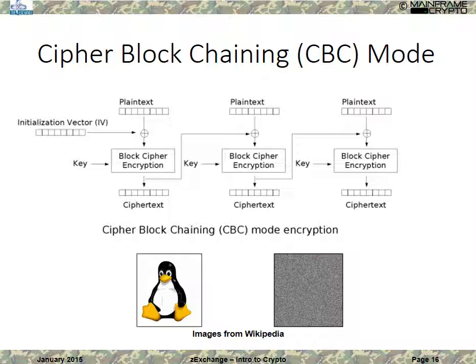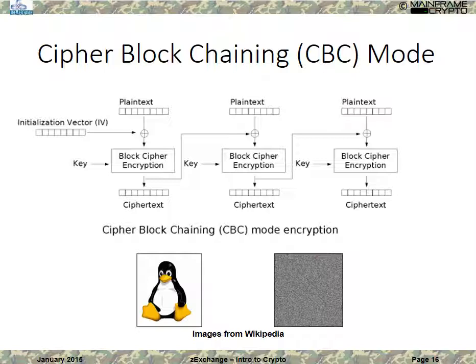So when you encrypt 8 bytes of spaces or 8 bytes of white pixels, it gets encrypted in the first block, and then that's applied to the second block. So what you get out of encrypting the second block is going to be different from the first block. And if you apply that intermediate result to the next 8-byte block, you're going to get yet different results for that third block of data.